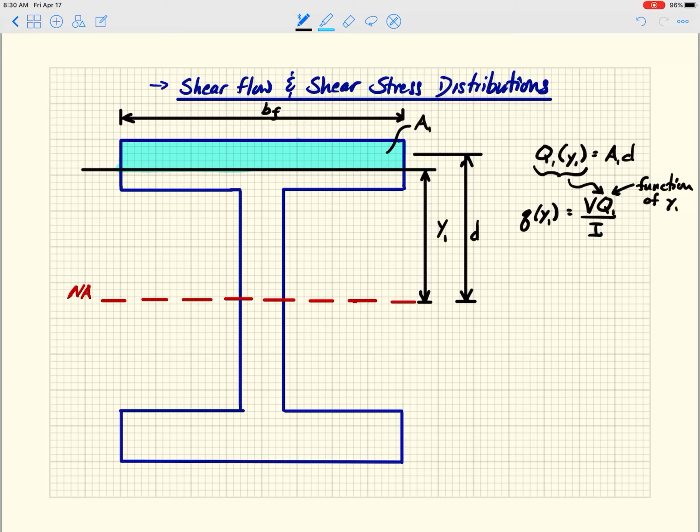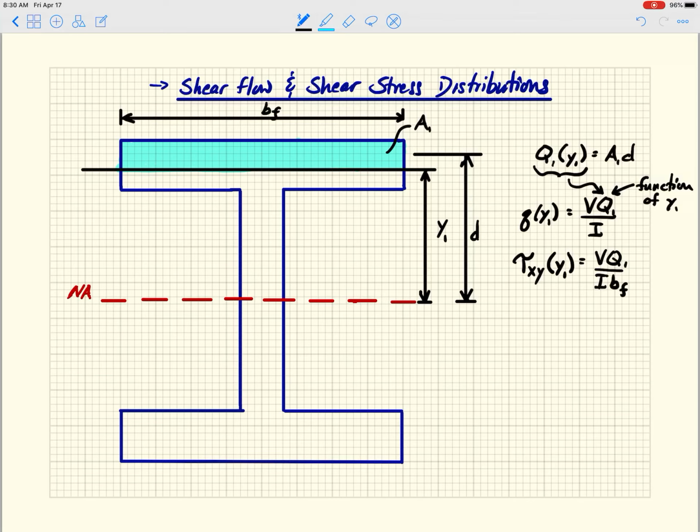Okay. So then we can also look at tau xy as a function of y1. And the only thing I've got to do there is I take this same shear flow, and now I just divide it by the width of the element that I've cut through.